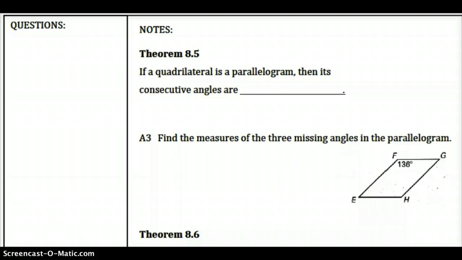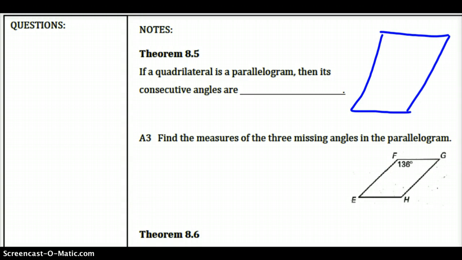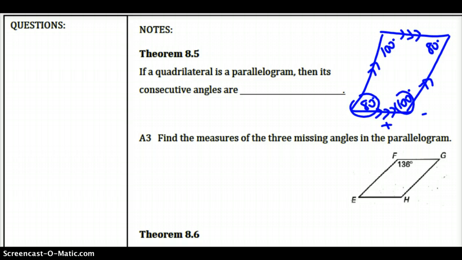Continuing with Theorem 8.5, like I had shown you earlier with my example here, if I have a parallelogram, remember this was 80, this could be 100, this is 100, this could be 80, so consecutive angles here and here add up to equal 180, and that works all the way around the figure.